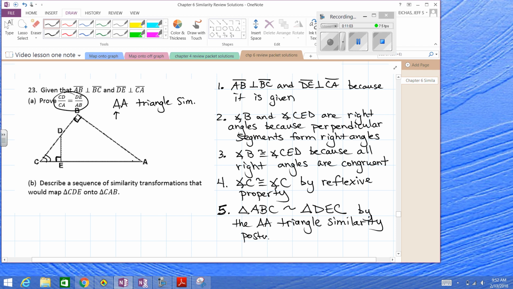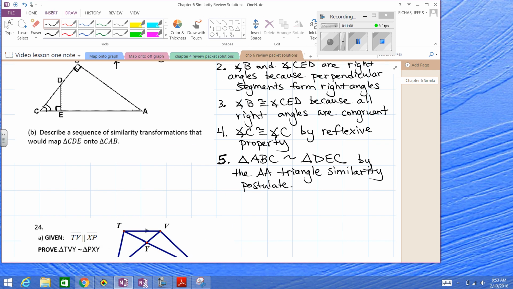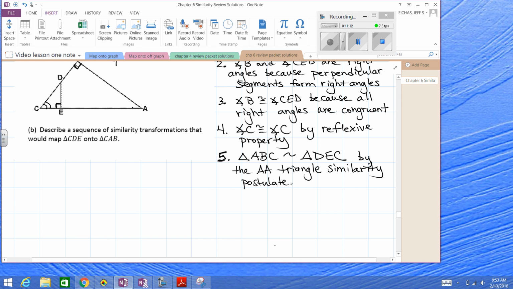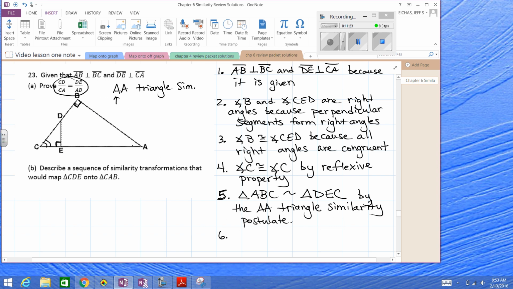Now, we won't do this on the first test, but we will have to do one like this afterwards. I'm just going to finish this proof off. The test that we're going to take on Thursday, we're going to stop right here, but there's one more step to this. What we have is corresponding sides of similar triangles are proportional.